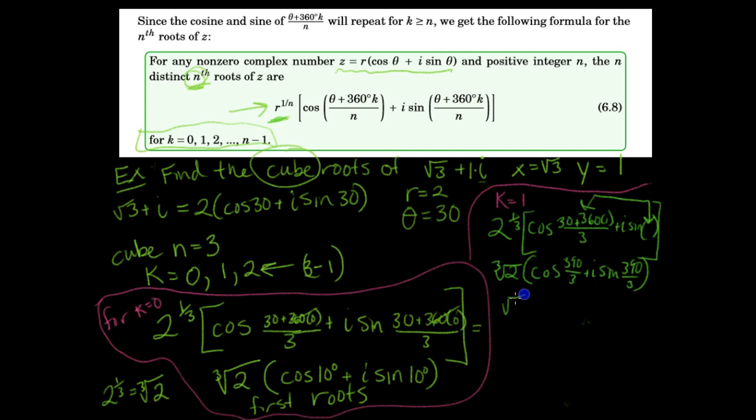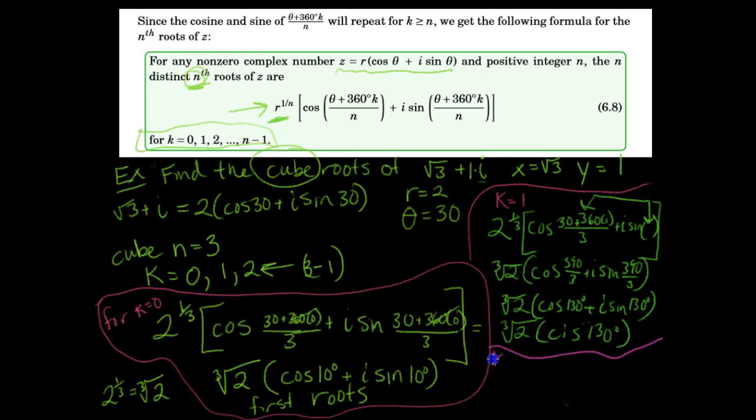So we've got the cube root of 2 times the quantity cosine of 130 degrees plus i sine of 130 degrees, and you could make that even nicer. You could say that's the cube root of 2 times cis of 130 degrees.